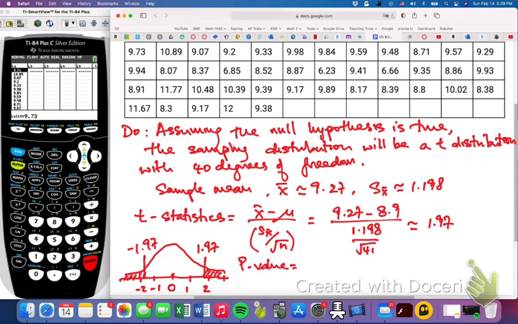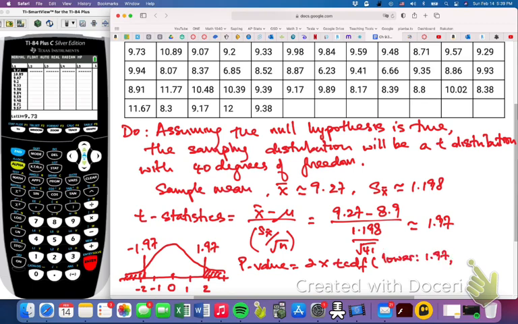Why do I shade that? Because those areas will be your p-value. Now I only need to do it one time, to find the area for one tail, and then I multiply it by 2 because they are symmetrical. To calculate the p-value for a T distribution, we use the tcdf.